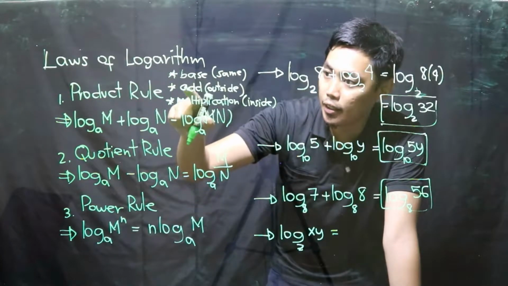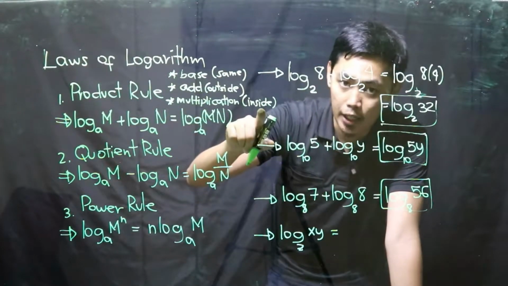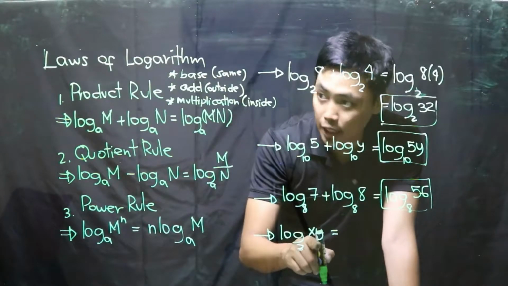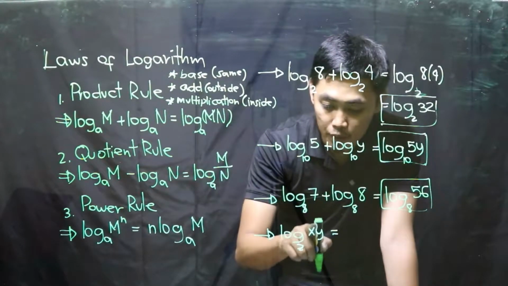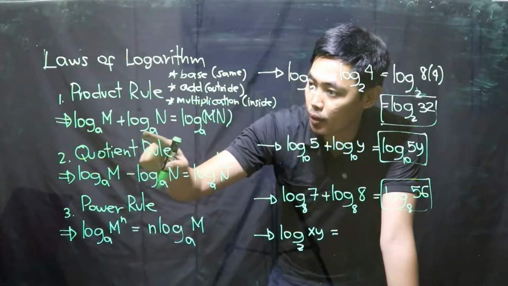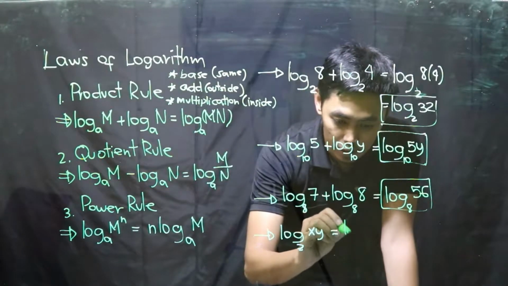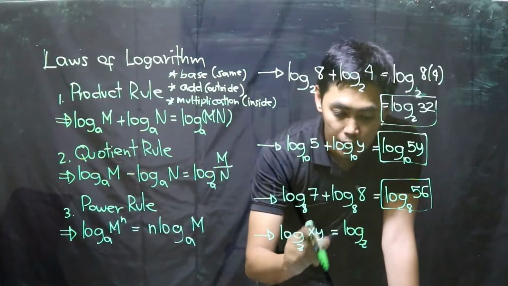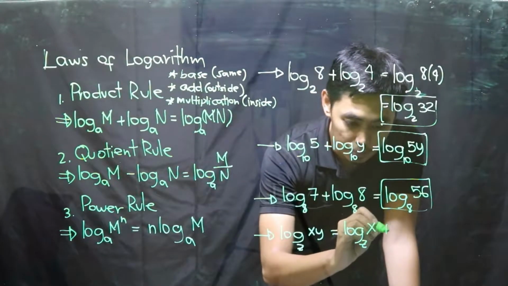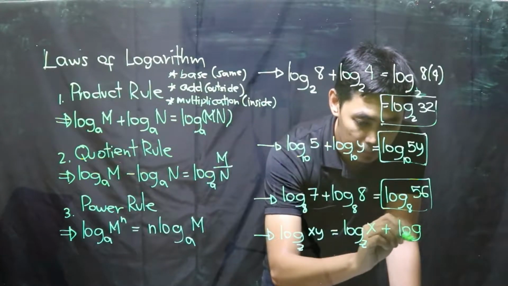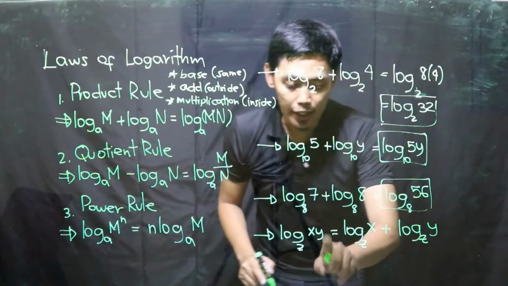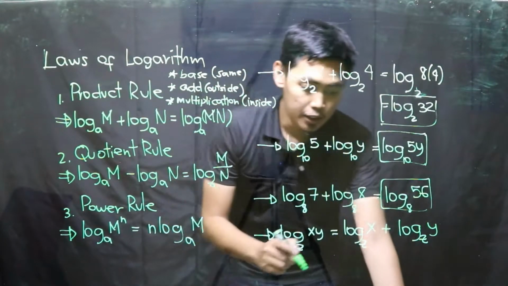See here, multiplication should be inside. Then you will need to change it to this form. So, let's write logarithm of base z of x plus logarithm of base z of y.